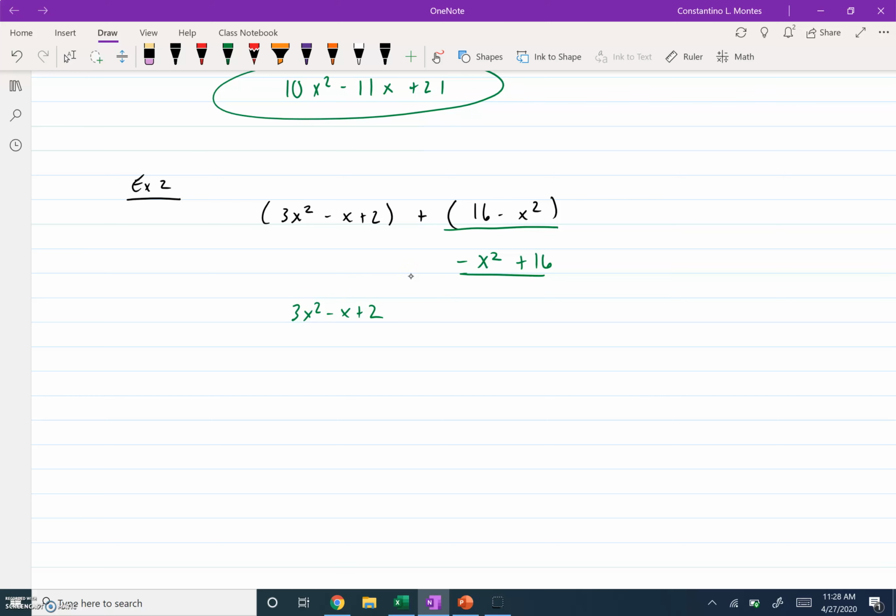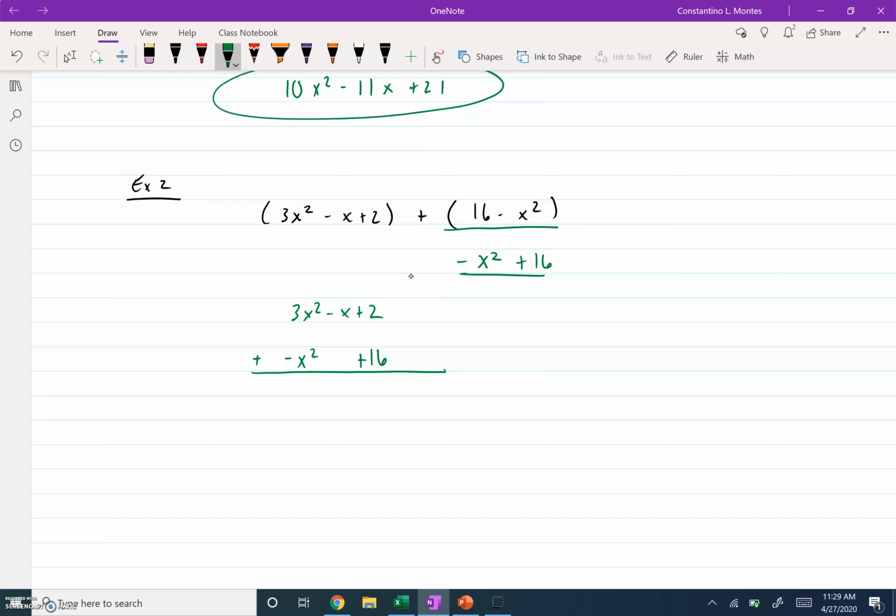Let's skip a line, and we're adding negative x squared. I have no x term, so I leave this blank, and then underneath the 2 I'm going to write plus 16.